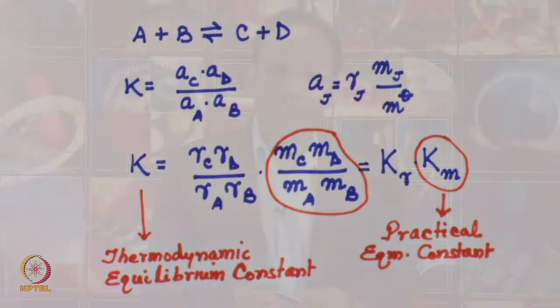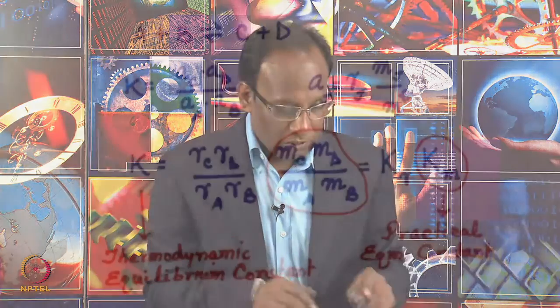So, how actually is it done? In elementary chemistry, you might have seen that in the elementary books, the Kp or Kc kind of things are discussed, and there the units are mentioned. Actually, I would call those practical equilibrium constants.